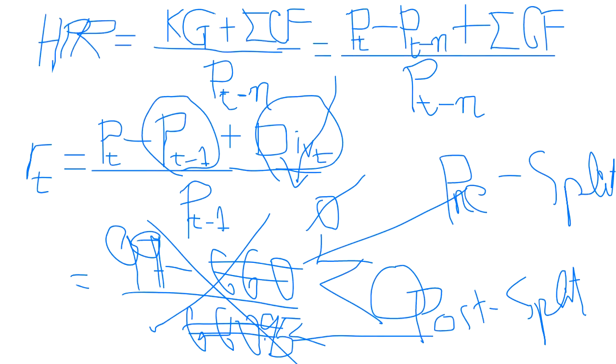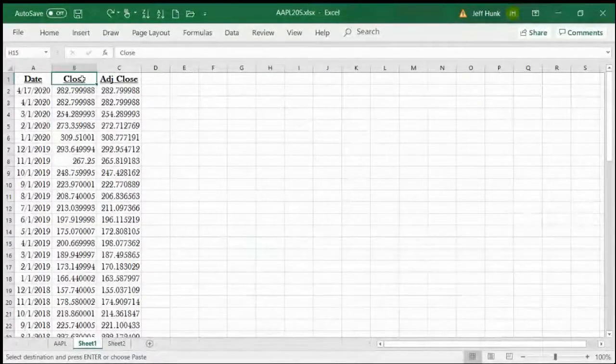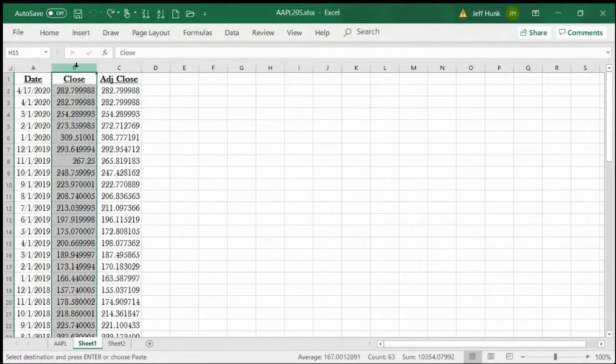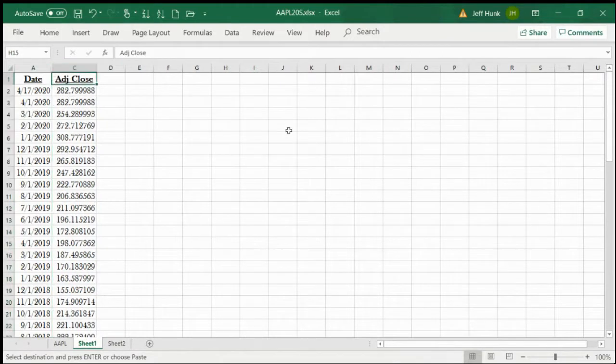Alrighty. So now you understand why we need to use adjusted close price. So I will not delete it. I'll just close that column and change the label to PT, because that's a dollar price. That's the price, right?